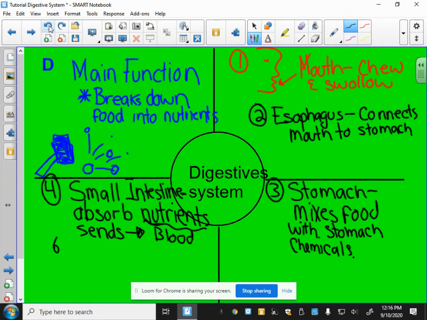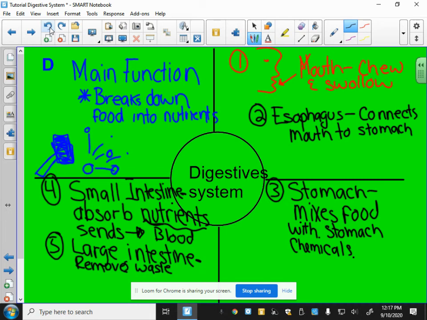Last one, the last main part of the digestive system is the large intestine. And the large intestine main job is to remove all the waste, all the leftovers that the body cannot use.